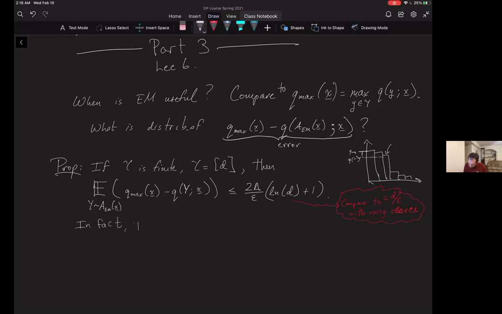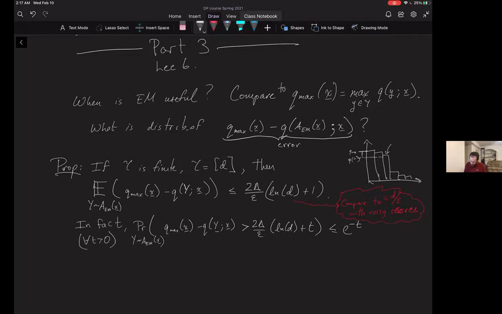We can prove the following stronger statement: the probability, over Y sampled from the same distribution, that this error exceeds 2 delta over epsilon times log of d plus t is at most e to the minus t, and this is true for all positive t.